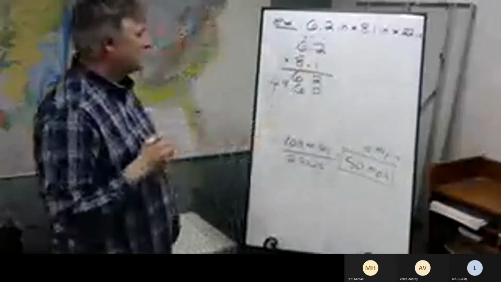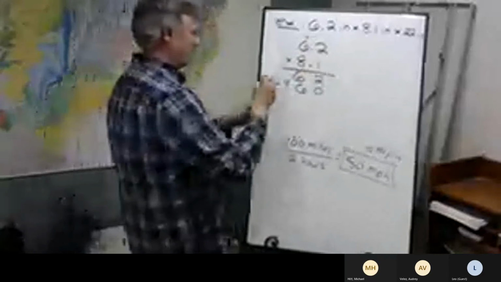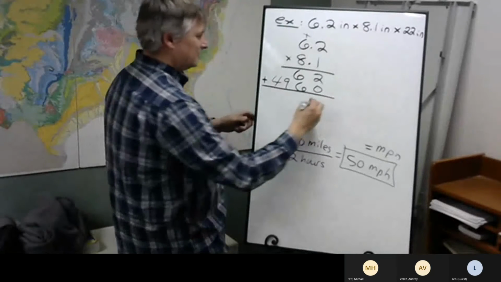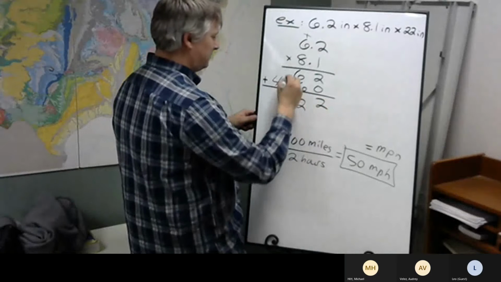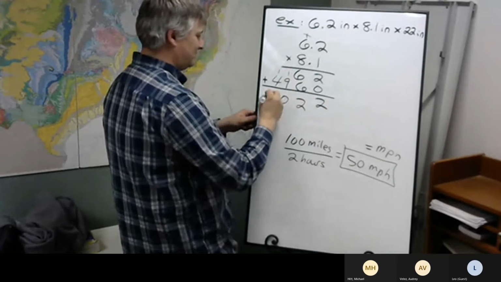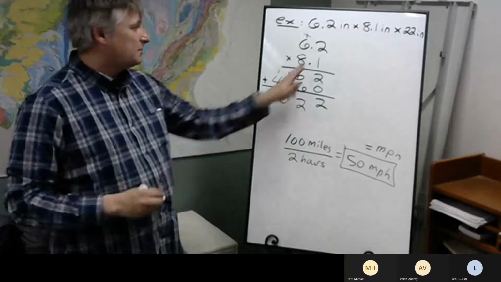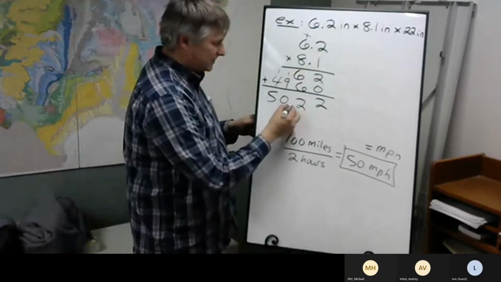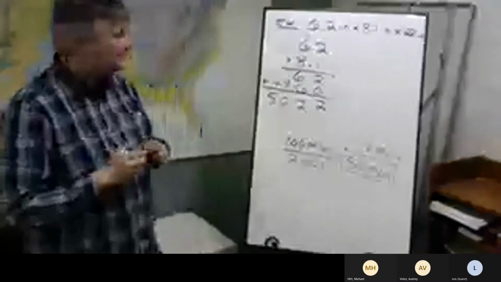Double check that. So we get 2, 12, 10, 5. We have 2 decimal spaces, a decimal space here, decimal space here. So our decimal point will go right there.